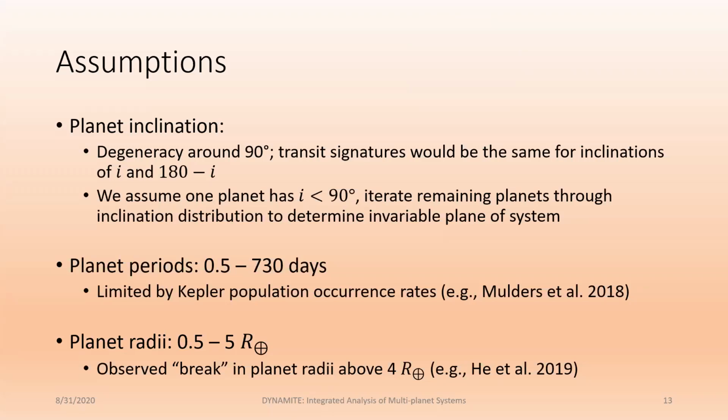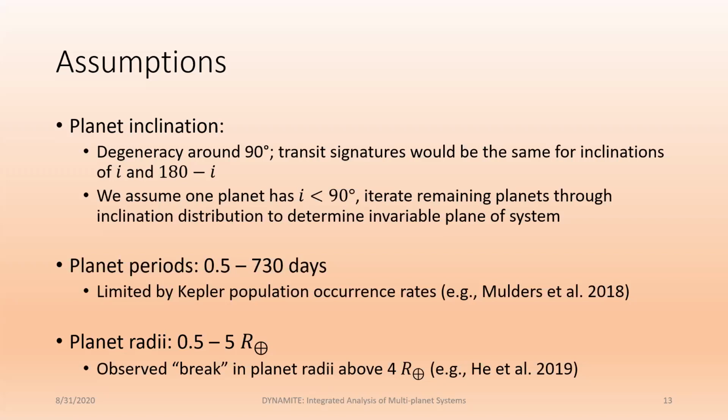But we only assume that one planet in the system has inclination less than 90 degrees, and we can iterate the remaining planets through the population-level statistical distribution to determine the most likely invariable plane of the system. And from there, use the mutual inclination distribution to draw more parameters.